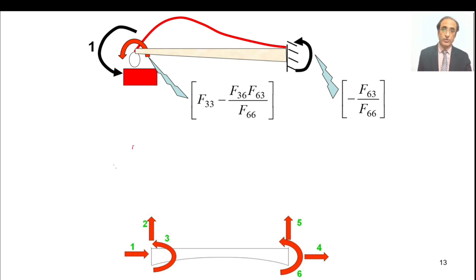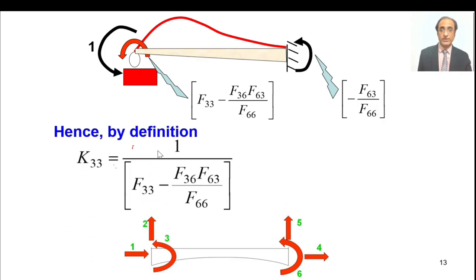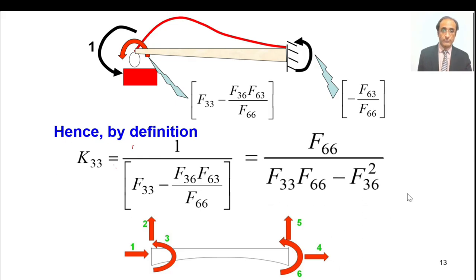So here we are talking about K33. We are applying a unit force and we are witnessing some rotation also. The ratio of these two will give us the coefficient K33. Simplifying, we get this value. So this is how we have obtained K33.